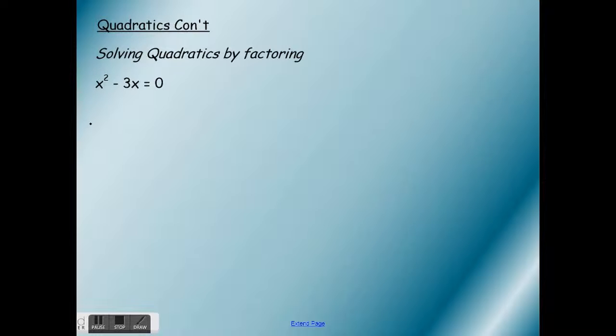For the most part, your equation is going to be equal to 0. However, there will be some examples where it's equal to a number, it might be equal to 20. In that case, you have to rearrange your equation so that it is equal to 0. If it's not equal to 0, we can't solve it with this method.